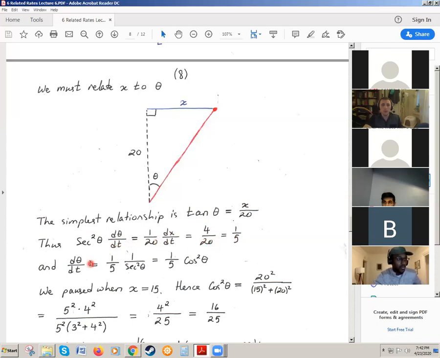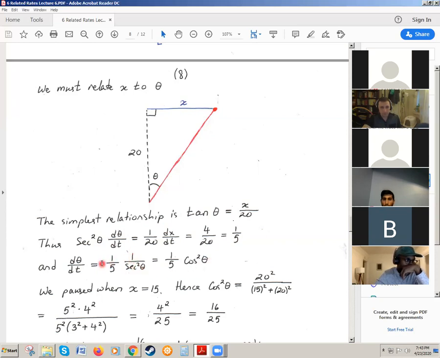Now, d theta dt equals 1/5 multiplied by 1/secant squared. In other words, I want to divide the right side by secant squared to have d theta dt on the left by itself. 1/secant squared is the same as cosine squared. Wait, can you start that part over after we got 1/5? Yes.